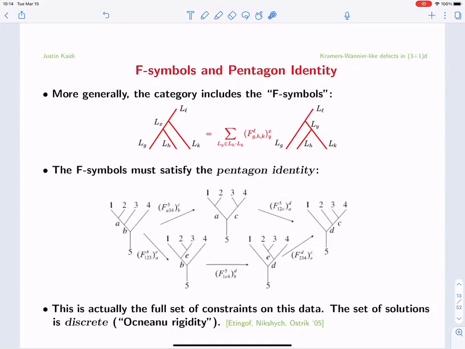Though maybe I should defer that question to Laksha, who probably knows much better than I do. As far as I know, they have to satisfy this pentagon identity, and then they don't need to be phases. Okay, great.